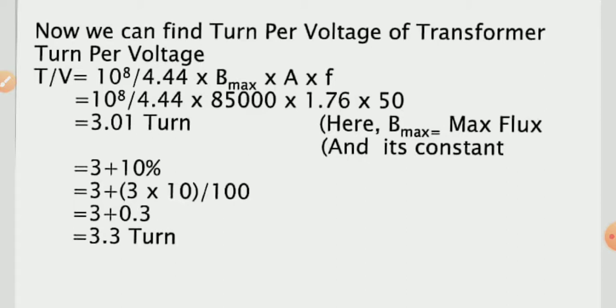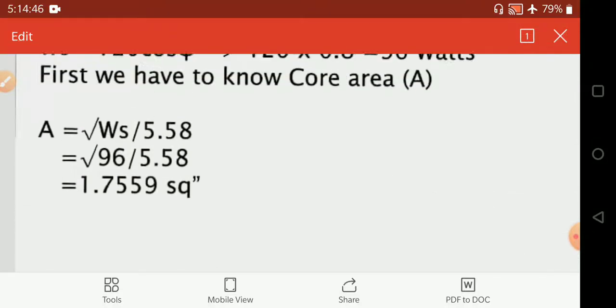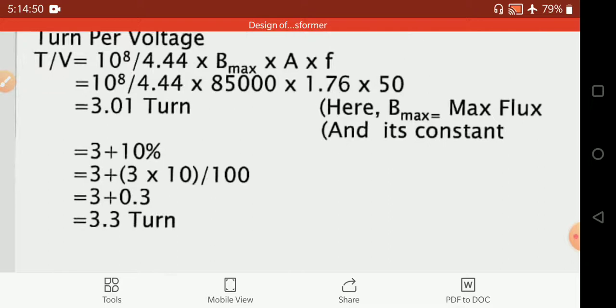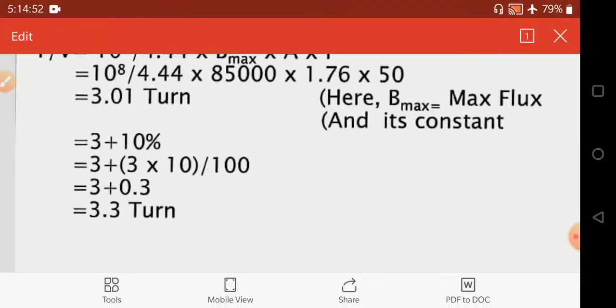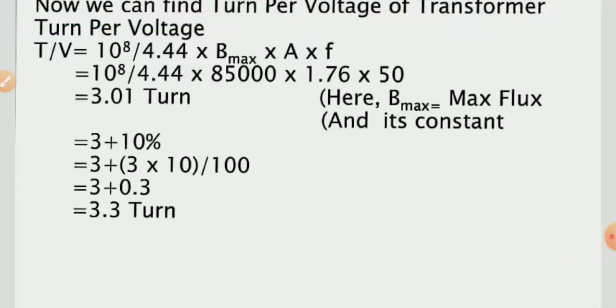The value for B max is 85000, and the core area we found is 1.755. We put these values in the equation, and the frequency is 50 hertz. When we calculate the turns per volt, it is 3.01 turns.